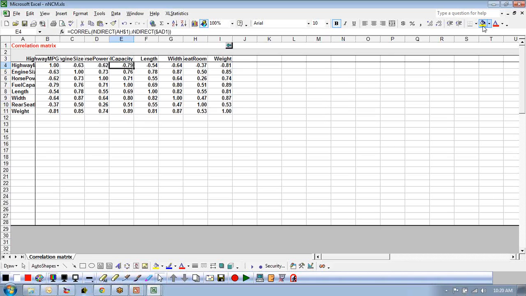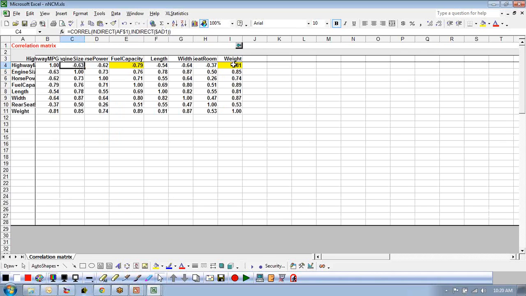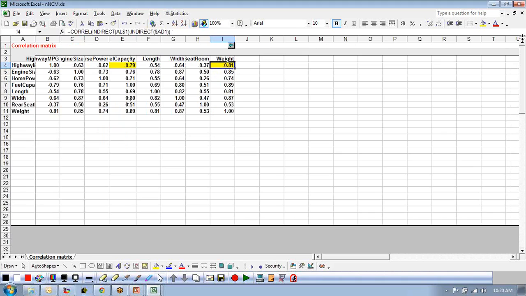There's a pretty big one. There's a pretty big one. And these are not too bad either. There's a lot that are correlated with highway: horsepower, engine size. But look at that, fuel capacity is very highly correlated, as is weight. So we may expect some pretty significant terms in the model.